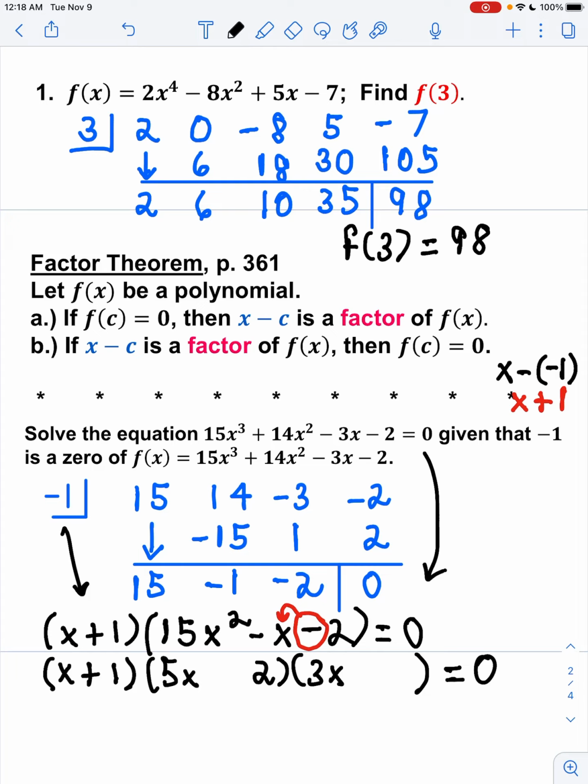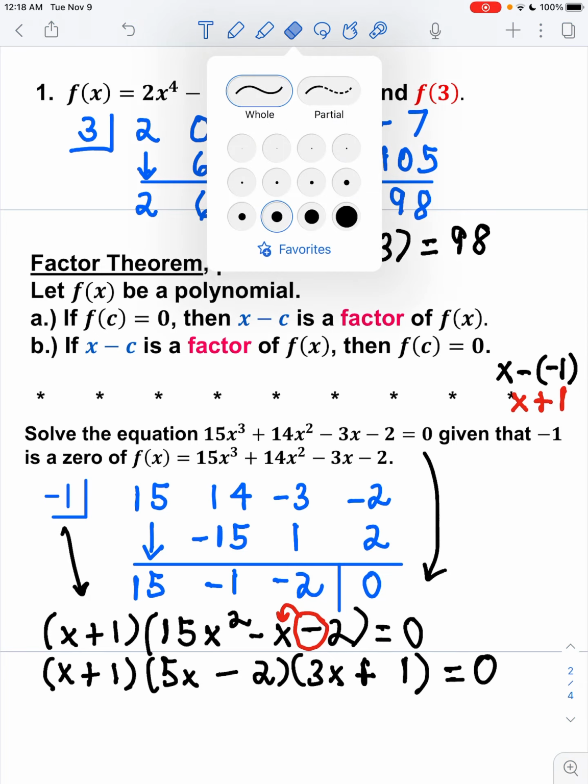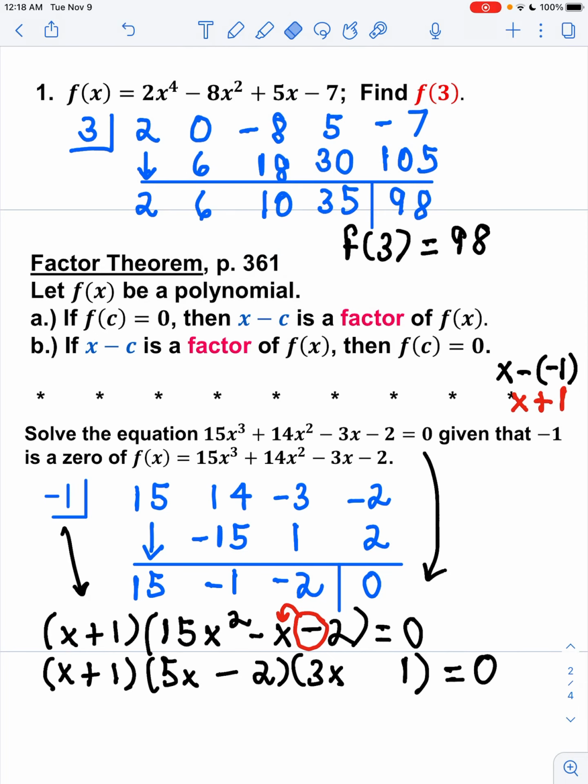If I put the 2 here and the 1 here, I'm going to have an outside product of 5x and an inside product of 6x, and that would have a difference of 1. Signs have to be different. I need it to be a negative 6x and a positive 5x so that I can have the middle term being negative 1x.